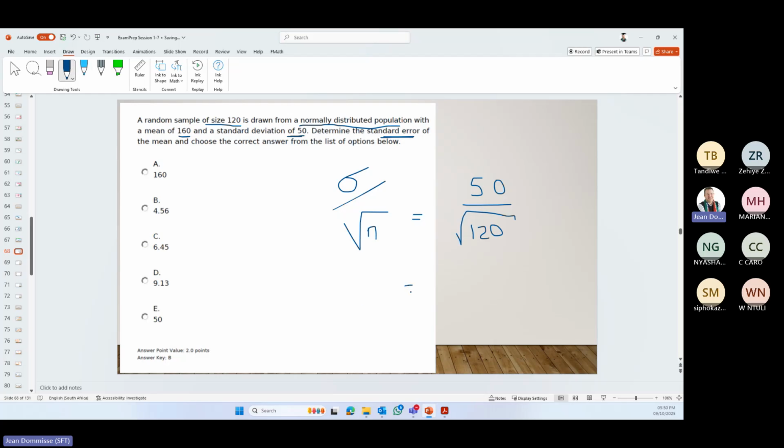My calculator can't do this, so I'm quickly working it out on Excel. 50 divided by the square root of 120 is 4,56.